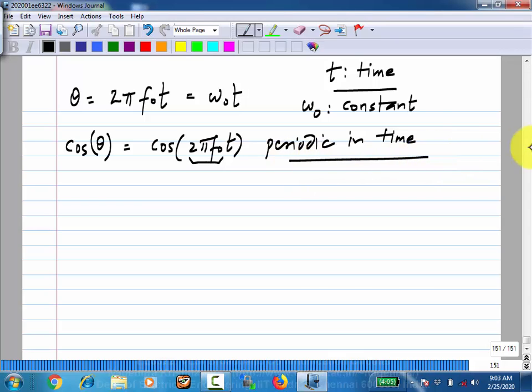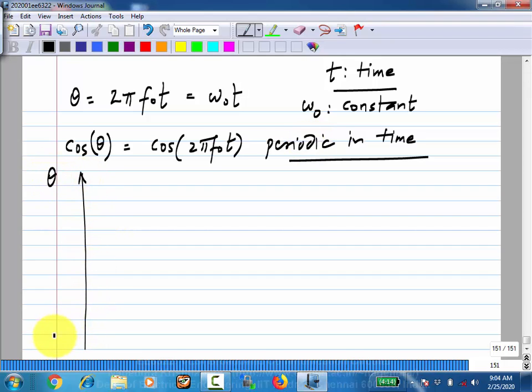So when you are asked to give an example of a periodic function in time, this is probably one of the things that comes to mind first, right? Cos 2 pi f naught t. So this cosine function is always periodic in its argument. As the argument increments by 2 pi, you will get the same value again. But now if that argument theta is proportional to t, then it also becomes periodic in time.